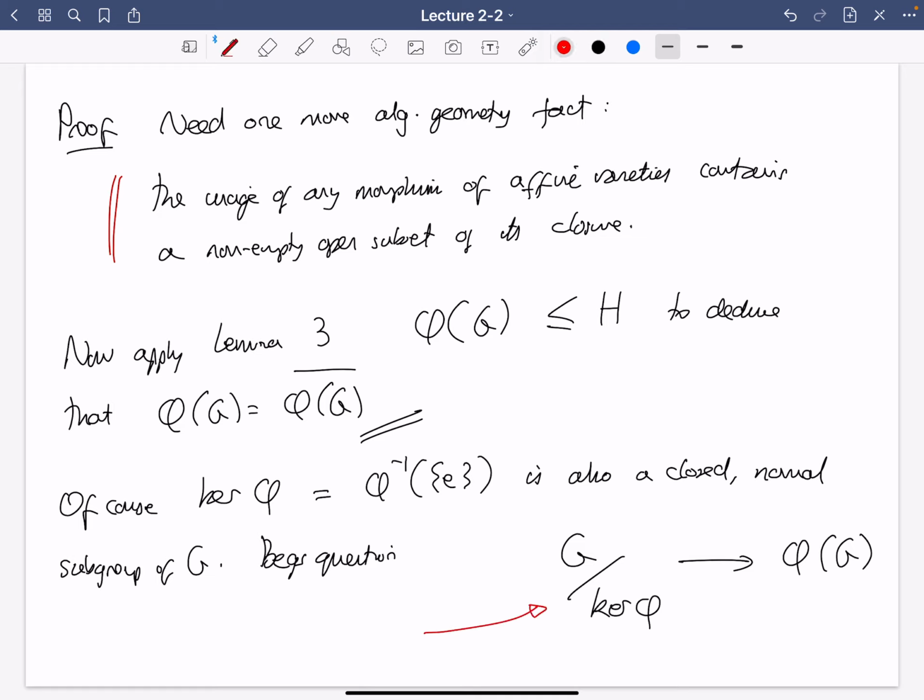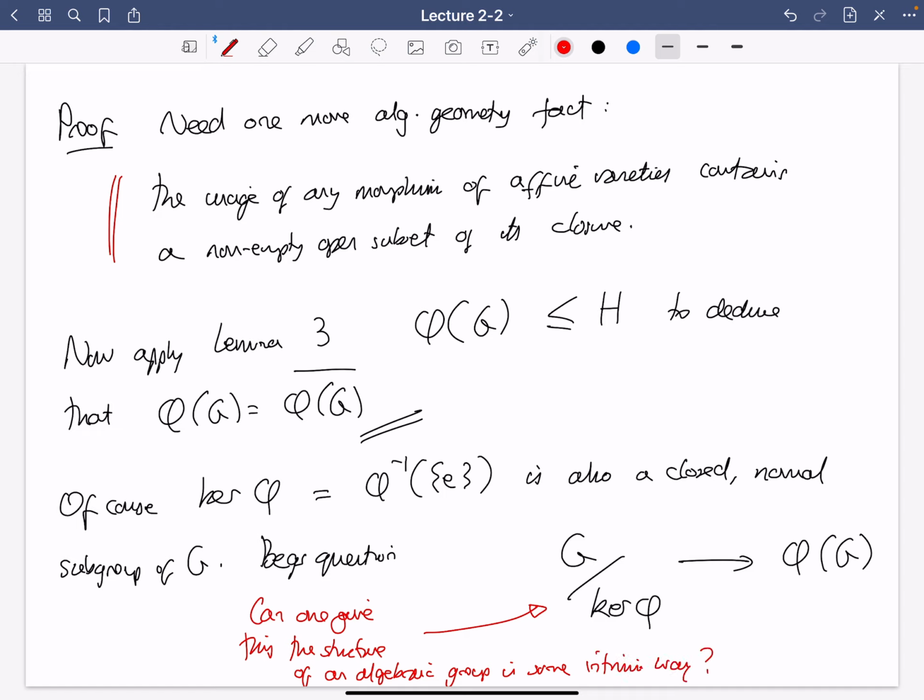So this is just an abstract group at the moment, right? It's the group G factored out by this normal subgroup. And the question is, can one give this the structure of an algebraic group in some more intrinsic way?